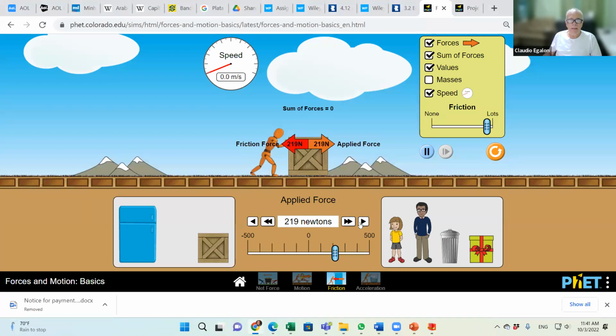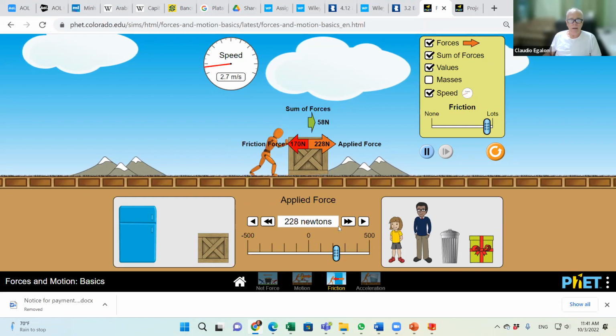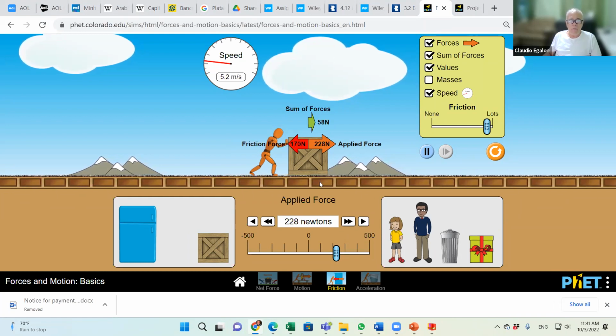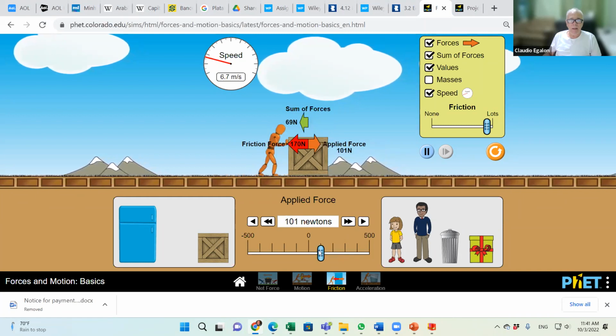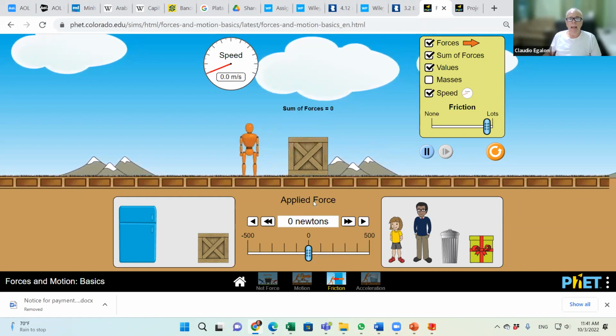Okay, 226. The object is still at rest. Sum of the forces is 0. Oh, no, it's not 227, is it? Let's see. 227, maybe 228. Net force is equal to 0. Okay, yeah, good. It's 227. So for this specific case, the maximum value of the force of static friction is 227 newtons.